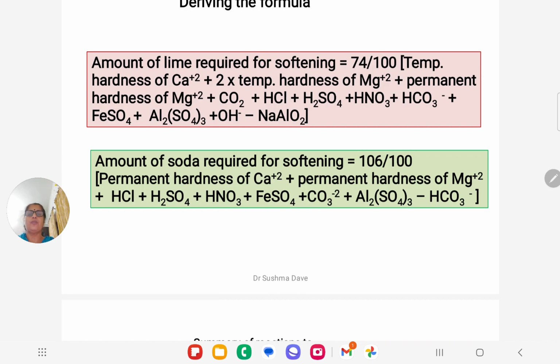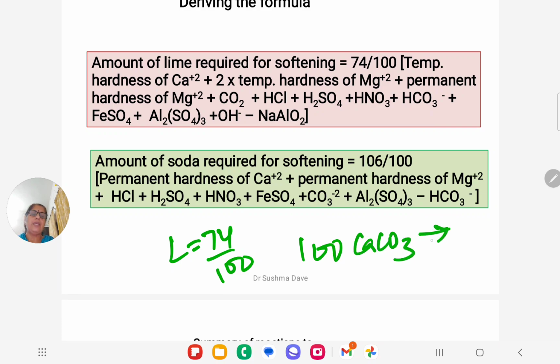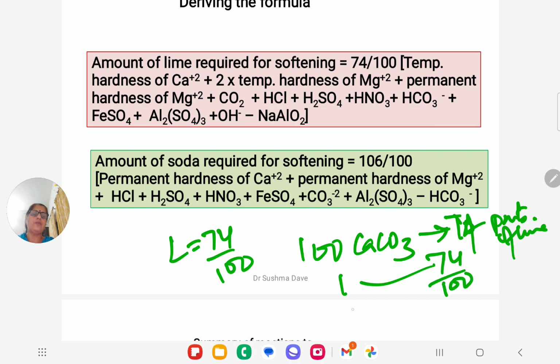Total lime required for softening can be calculated as L equals 74 by 100 times X. Why 74 by 100? 100 parts of calcium carbonate correspond to 74 parts of lime. So by the unitary method, 1 part requires 74 by 100, and X parts require 74 by 100 times X. And what is X here? X is whatever type of hardness is present in water which requires lime.